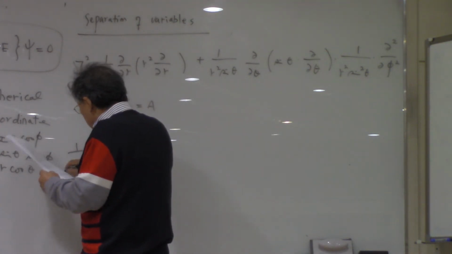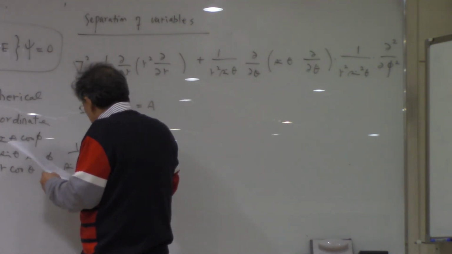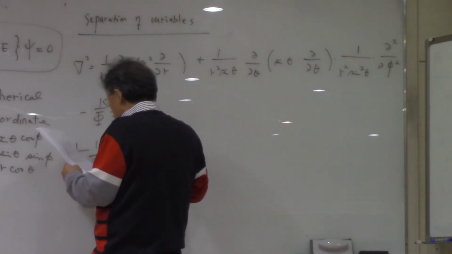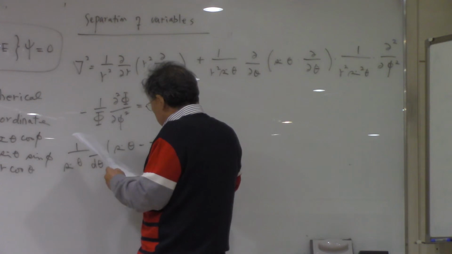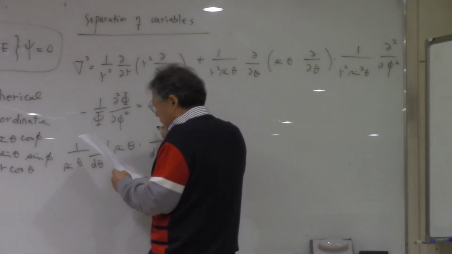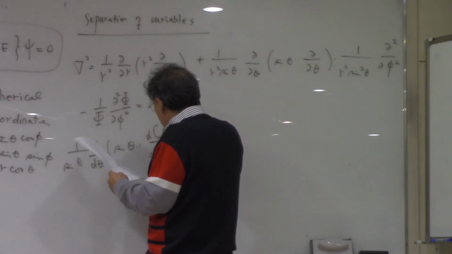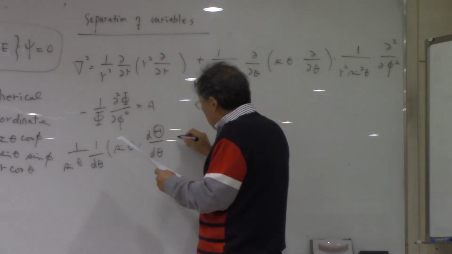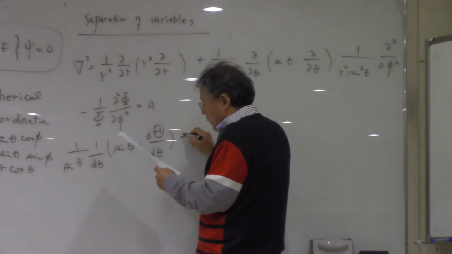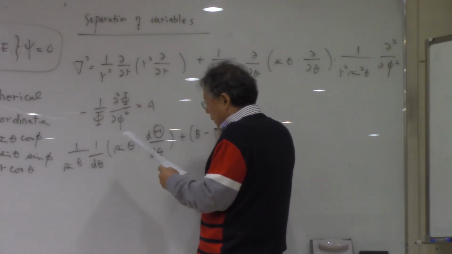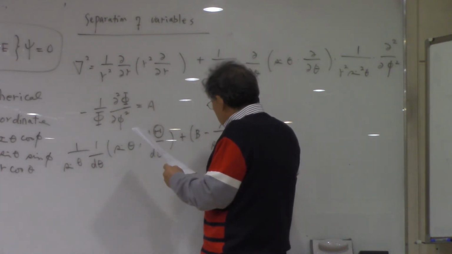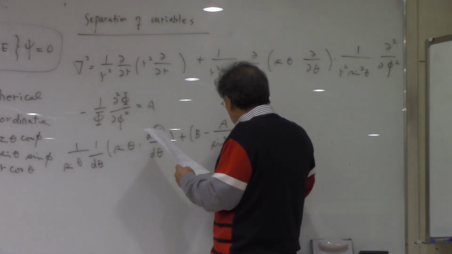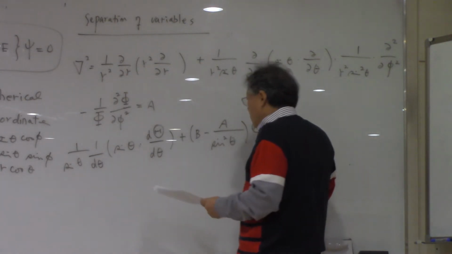And then 1 over sine theta, d theta, sine theta, d theta, plus b minus a over sine square theta, is equal to 0.